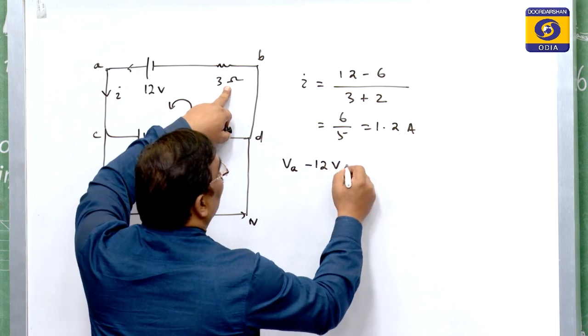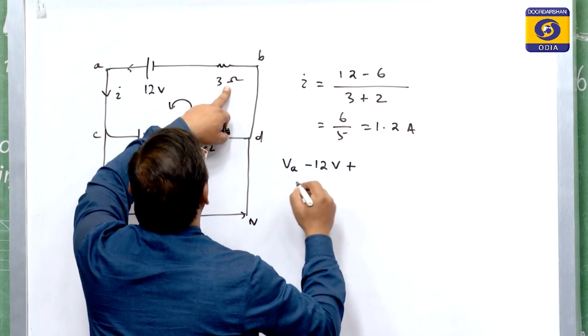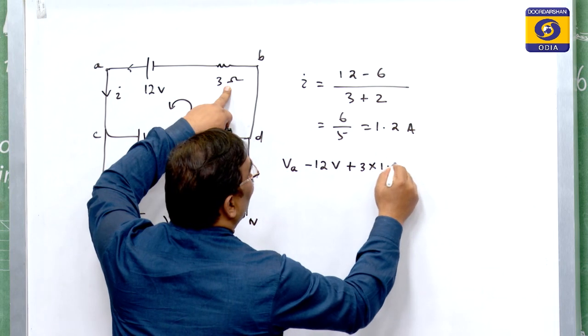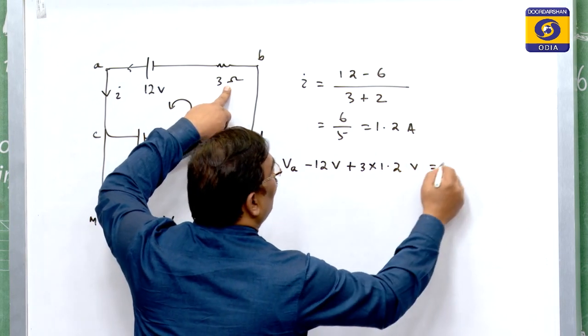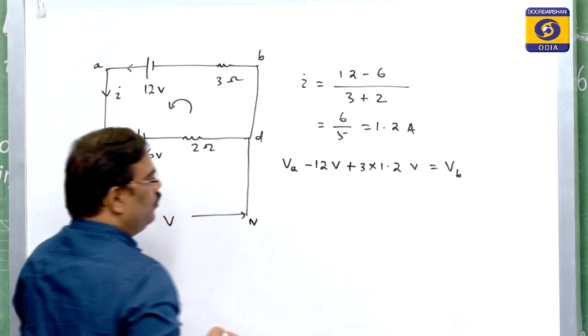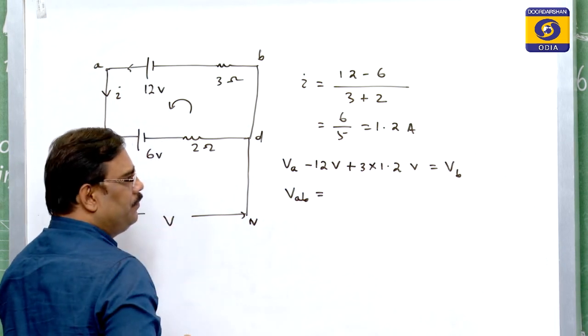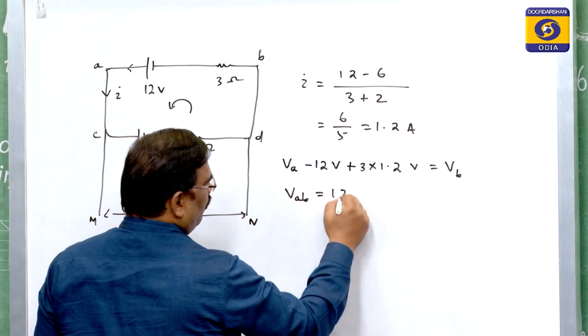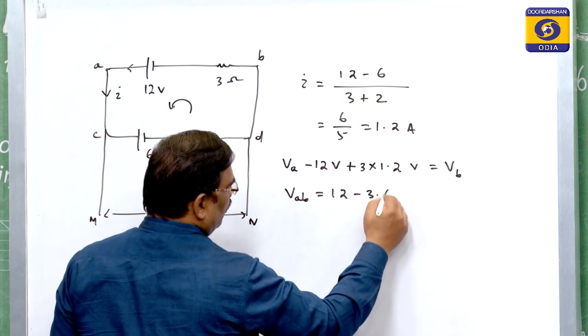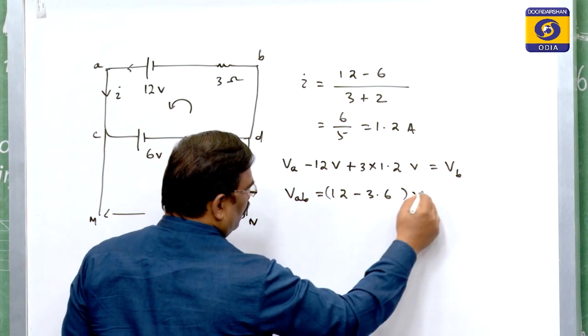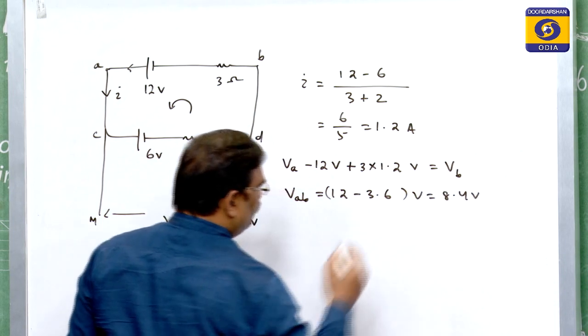So, therefore, it is plus 3 into 1.2 and then I come to B. So, VAB will be equal to 12 minus 3.6 volt. So, this is 8.4 volt.